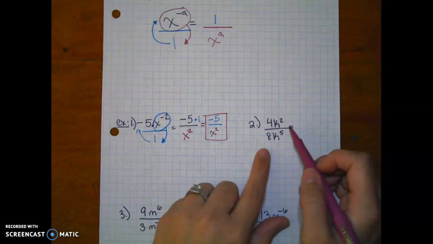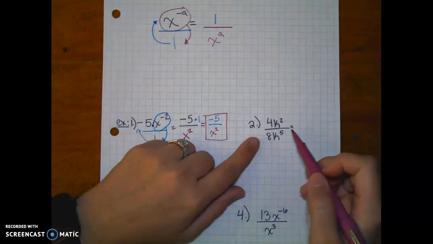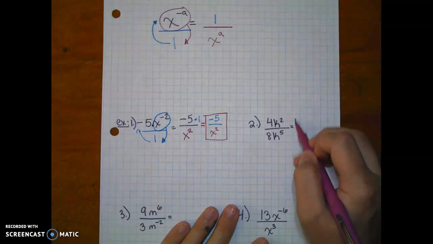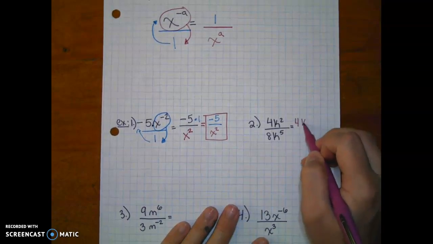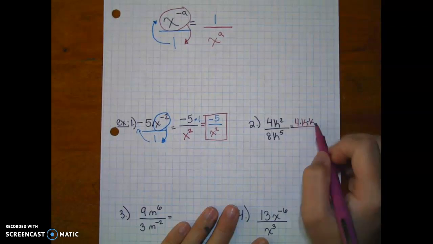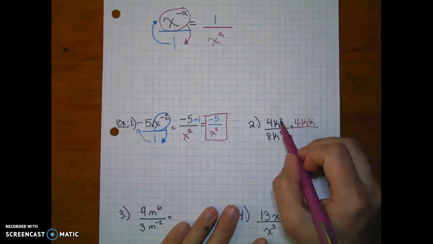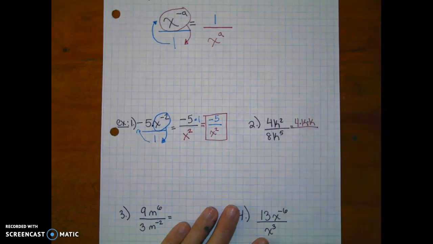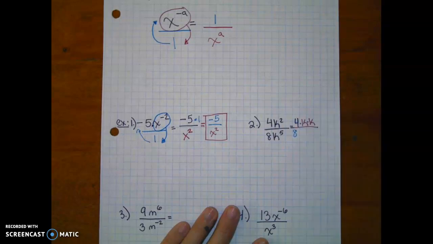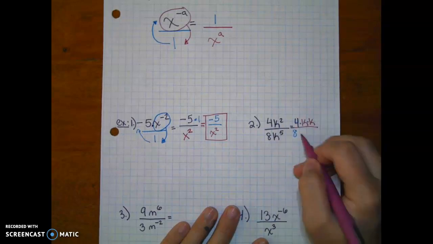So for the next one here, I'm going to start from left to right. So I'm going to write this one out actually. I have 4k times k, right? Because I have 2 k's because of the exponent. Underneath, I have 8 and 5 k's.